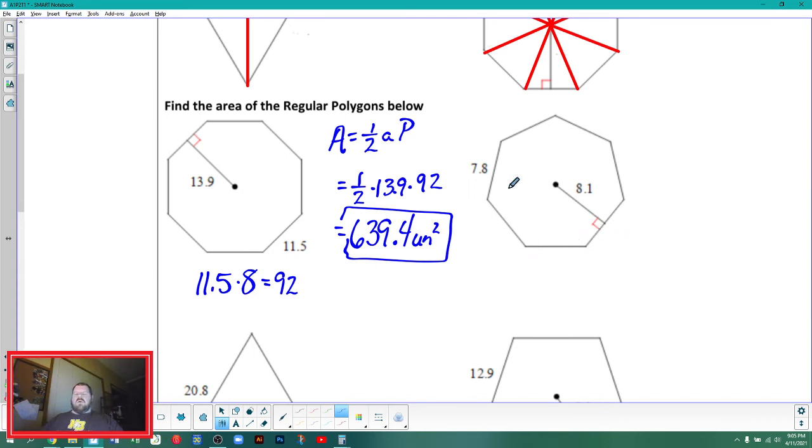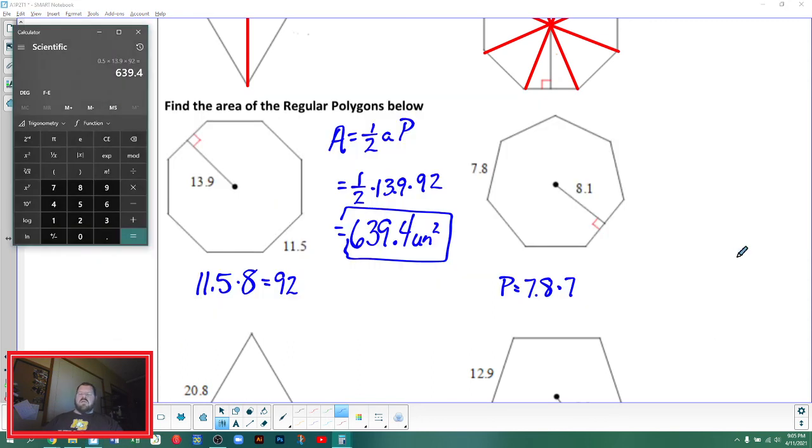Okay, next one, let's go ahead and find the perimeter first, since I need it. It's going to be 7.8 times the number of sides. Let's start on this one. So this is 1, 2, 3, 4, 5, 6, 7. 7 sides. 7 times 7.8 is 54.6.